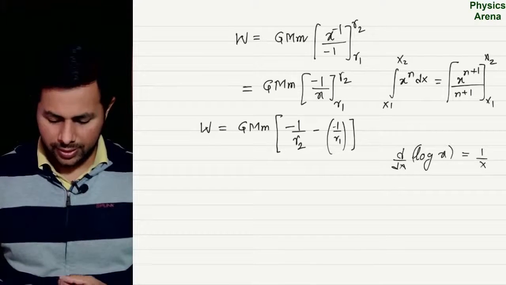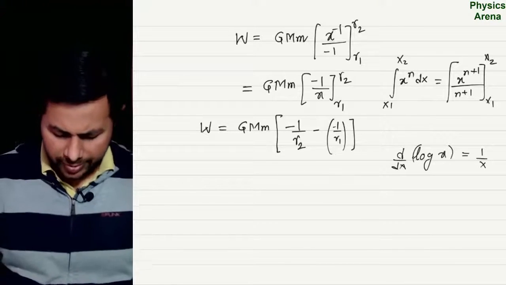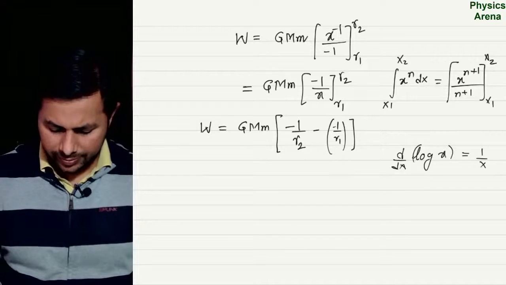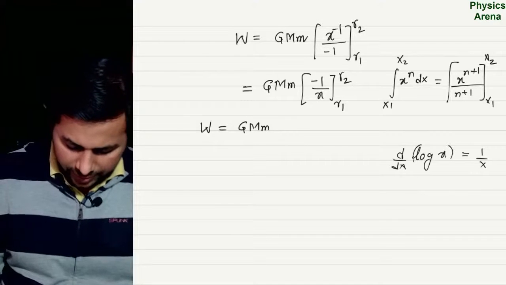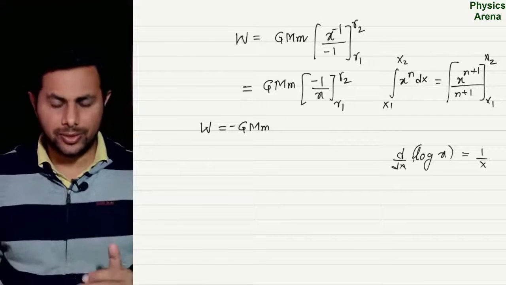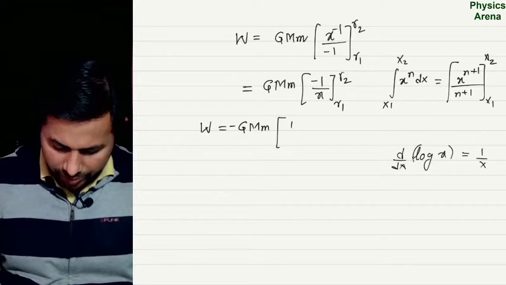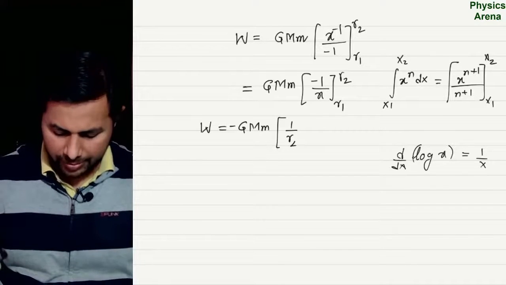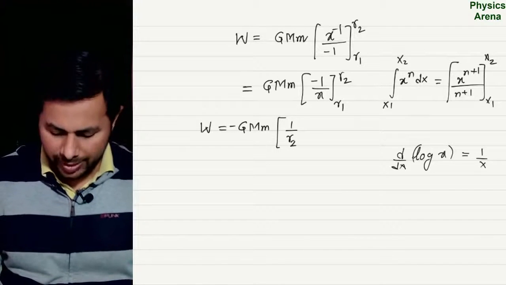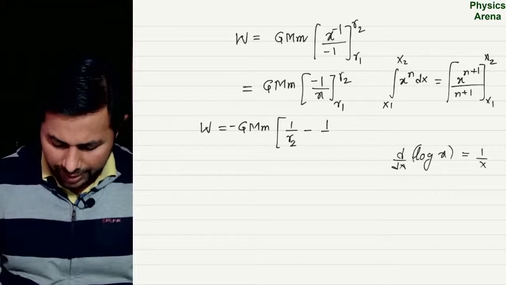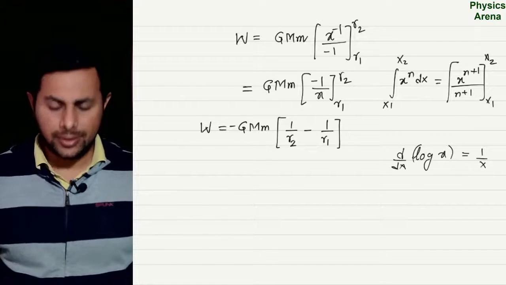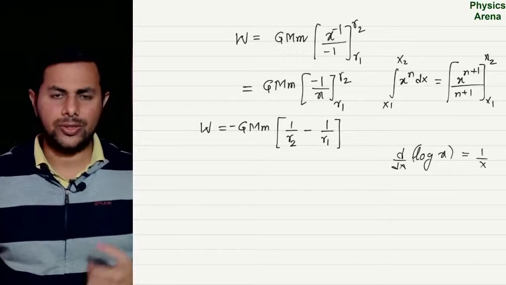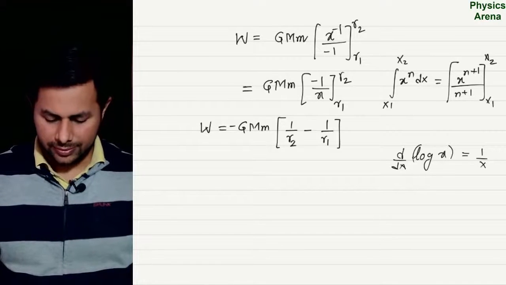Or we can take the minus sign outside. Okay, let's take the minus sign outside. So it's 1 by x only. So it will be 1 by the upper limit, 1 upon R2 minus 1 upon R1. All right. If you take the negative sign outside.